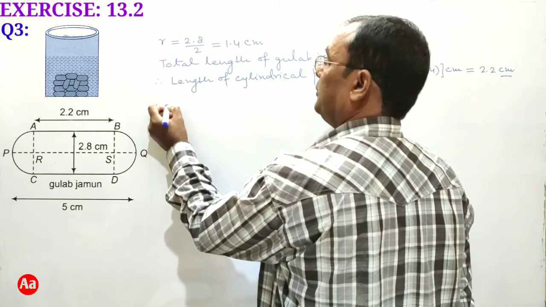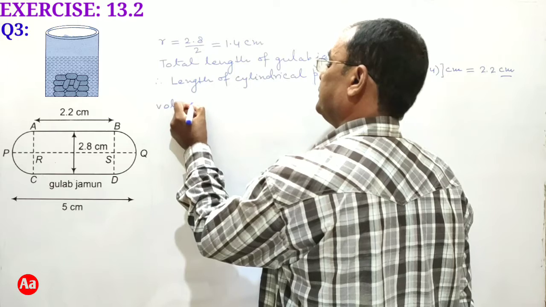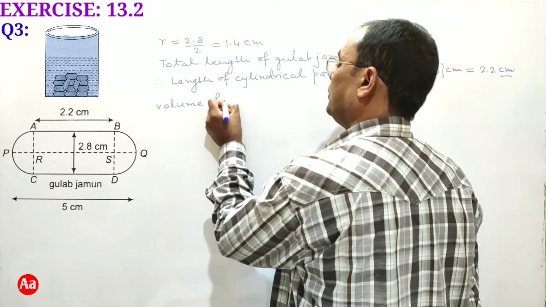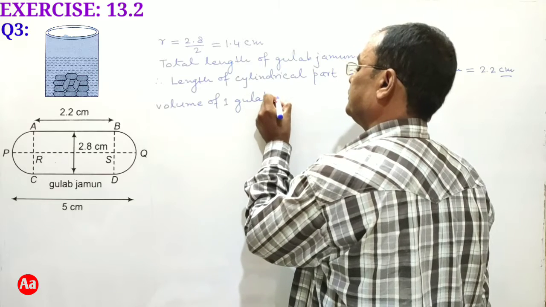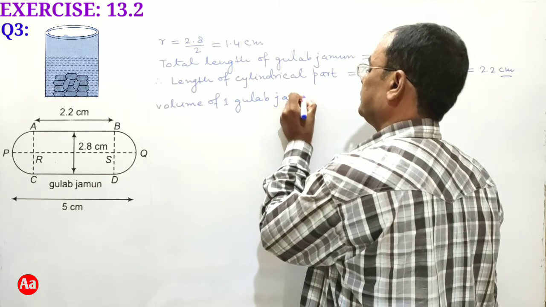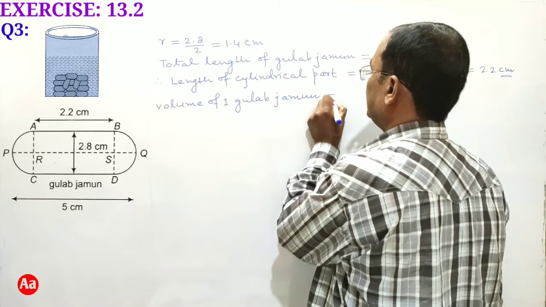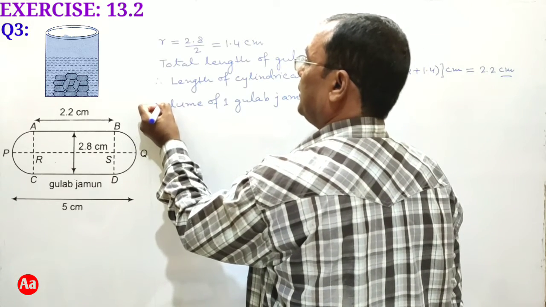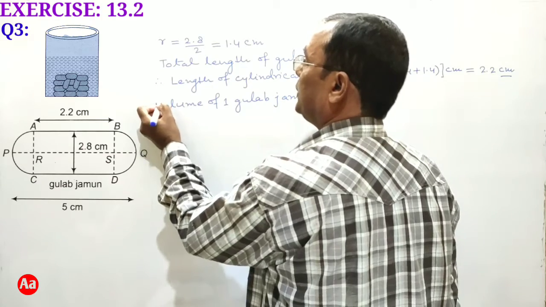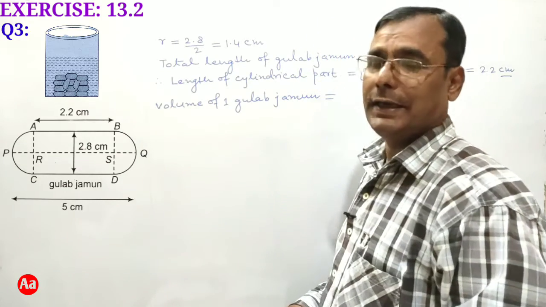So volume of one gulab jamun is equal to, gulab jamun is in the shape of cylinder with two hemispherical ends.